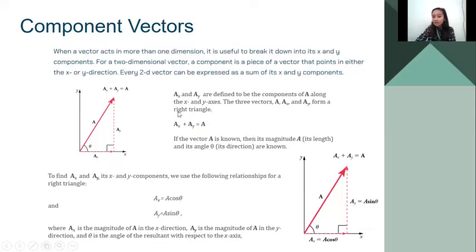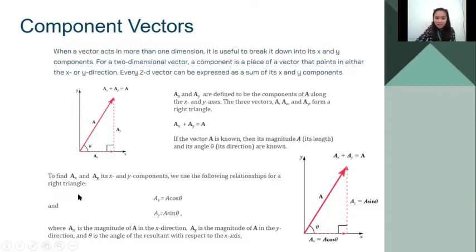You don't add them directly. It goes through a process which we call the Pythagorean Theorem since they form a right angle. So you cannot simply add Ax plus Ay and say the sum of the values is equal to A. You have to solve for A, which is your hypotenuse, since the vectors are not continuous. Unless they are going in the same direction, you can add them directly.